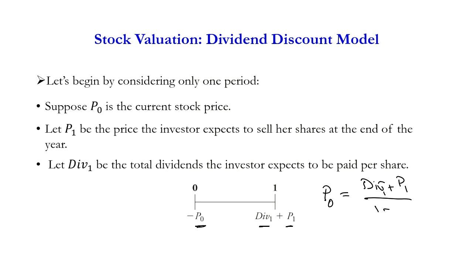I'm going to use RE as the equity cost of capital to discount these future expected cash flows. So what I'm doing is just calculating the present value of these two cash flows. By doing that, I can get a price for the stock today.